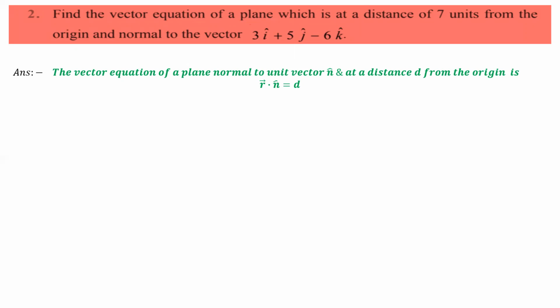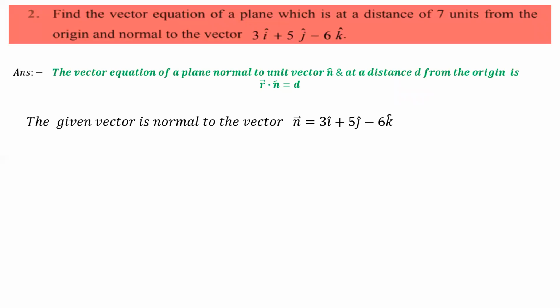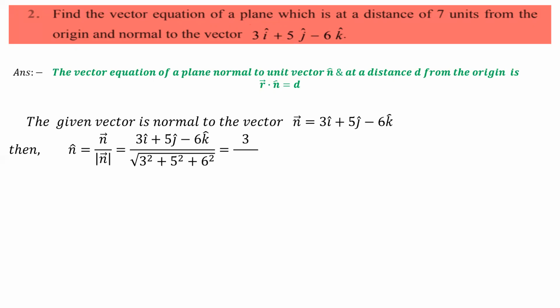Okay, so here we have the normal to the vector this. So first of all we need to find the unit vector. So if we take the normal vector n vector, so we can easily find the unit vector along it. So first of all, find the unit vector and take any arbitrary point x, y, z on the plane, and the position vector of the point can be written as xi cap plus yj cap plus zk cap.